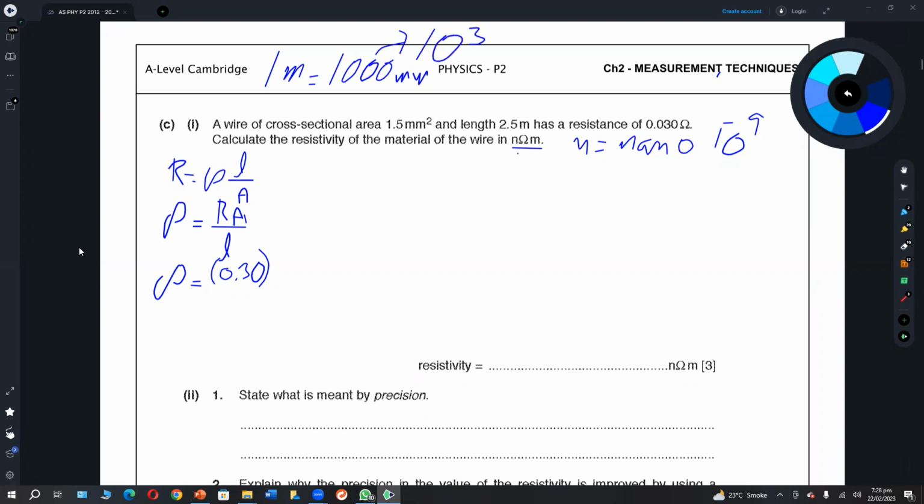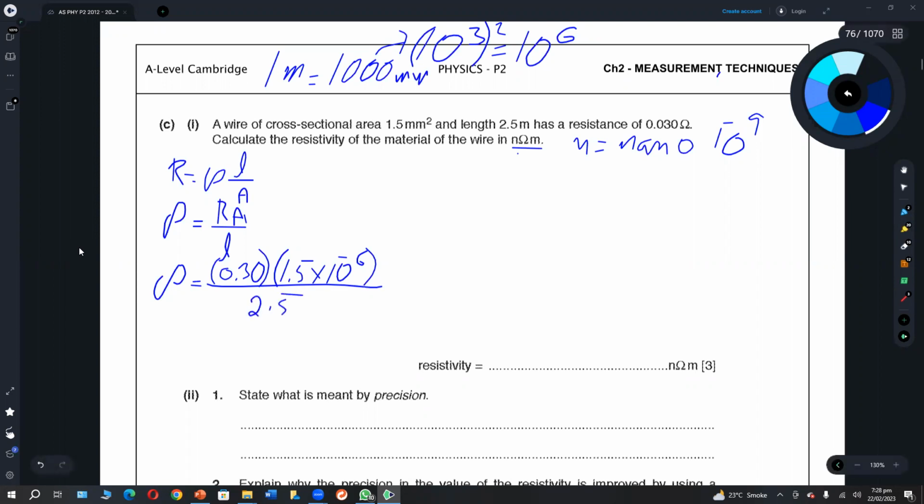If I square it, it will become 10 power 6. Now I will write carefully: 1.5 into 10 to the power minus 6. Why minus? Because you are coming from millimeter to meter. The length is 2.5 meter.